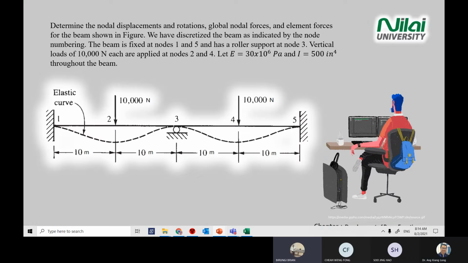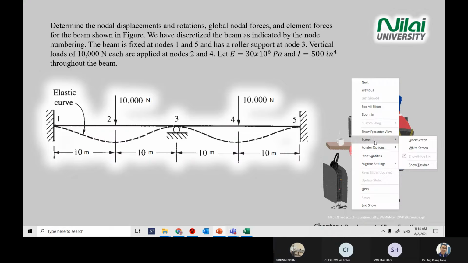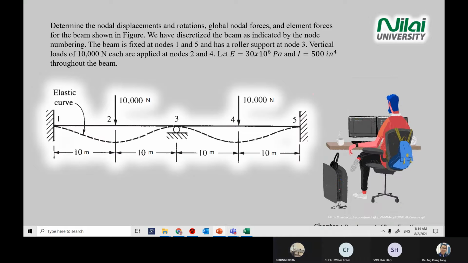So 10. How do you get 10? Do you understand you have 5 points, right? Yes. First element.